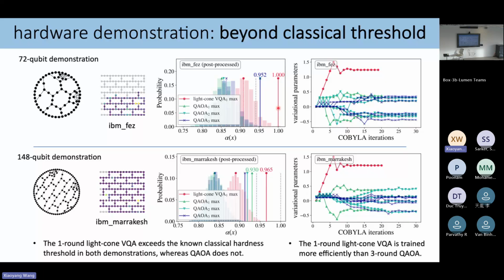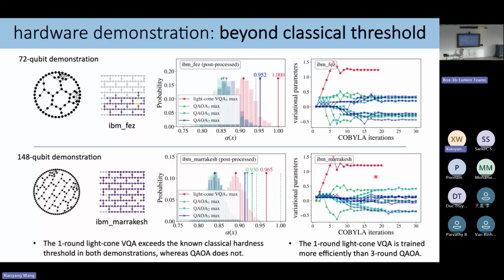Both of these results surpass the classical threshold of 0.94. And additionally, in the classical optimization procedure, we find that the light cone VQA has a faster convergence to the ground state, maybe smaller than 20 steps, whereas QAOA with p equals to 1, 2, 3 needs a larger number of iterations.